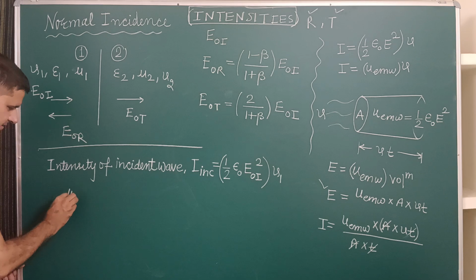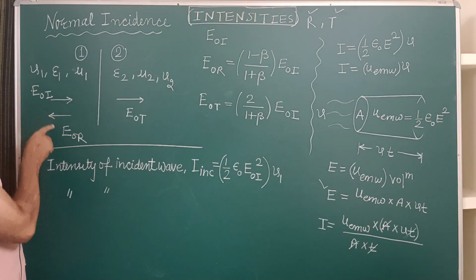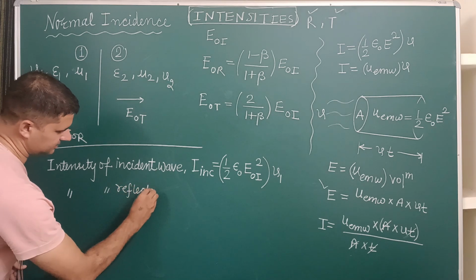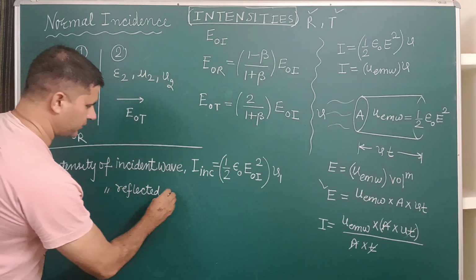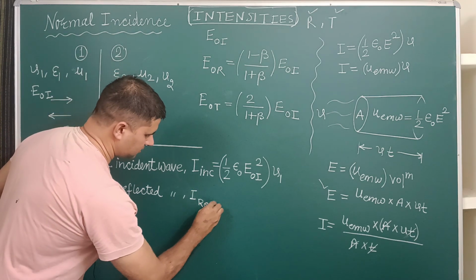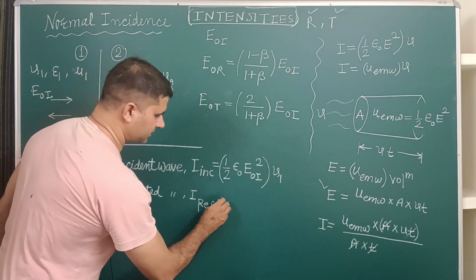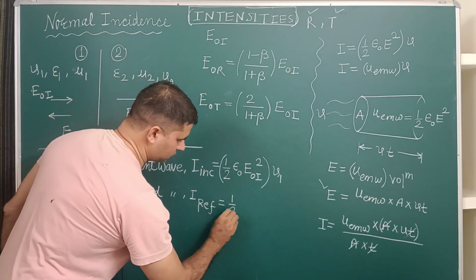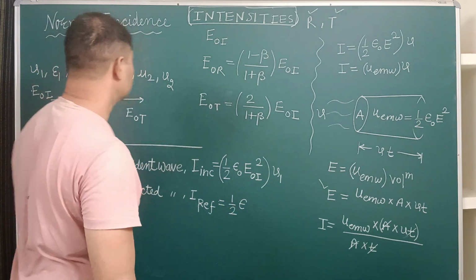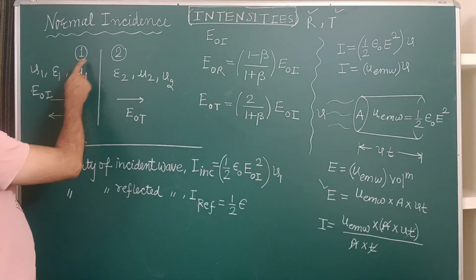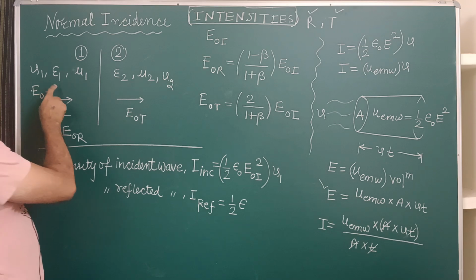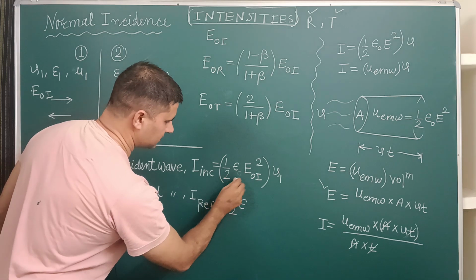Now I will find the intensity of reflected signal. So here I will write a reflected wave. I will represent it by I ref, I reflected. This will be equal to 1 by 2 epsilon. Okay, I am making a mistake. We are in the first medium, so here the value of electrical permittivity is epsilon 1, and here I have substituted epsilon naught.